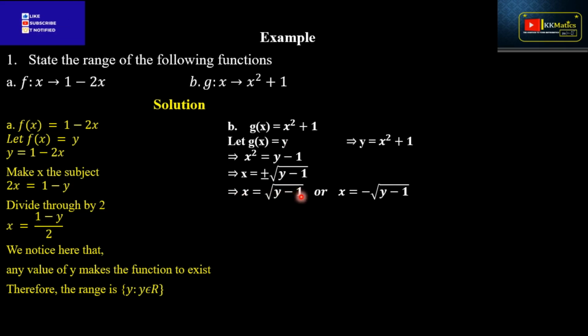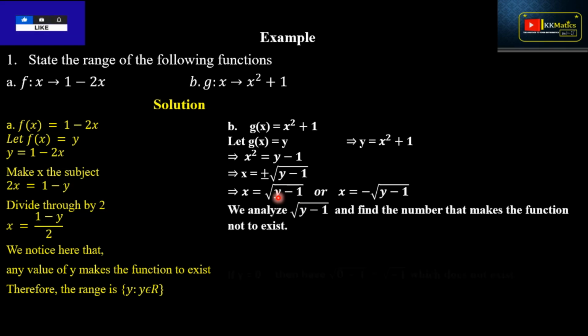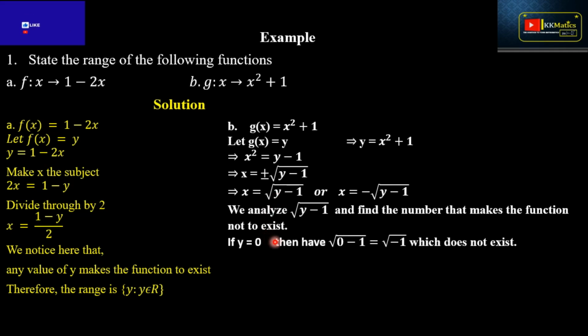So if we were to substitute any number below 1, you notice here that if we try y equal to 0, we then have the square root of 0 minus 1, which is the square root of negative 1. And this, according to the criteria, indicates the function does not exist.